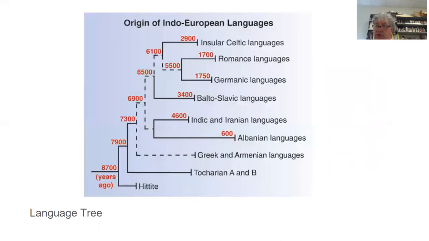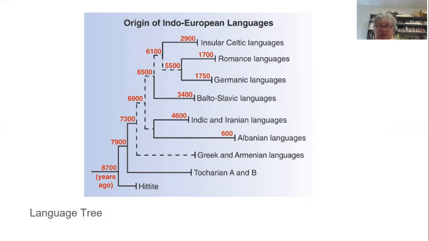So what we're going to look at today is the idea of languages, that there is a tree of language. So for example, Romance languages, right? There's Italian and French and Spanish, Catalan, Romanian, Sardinian.